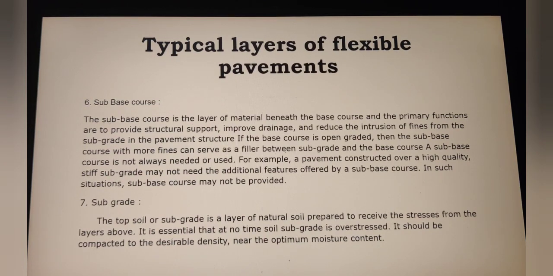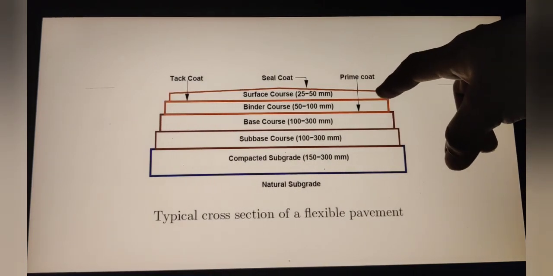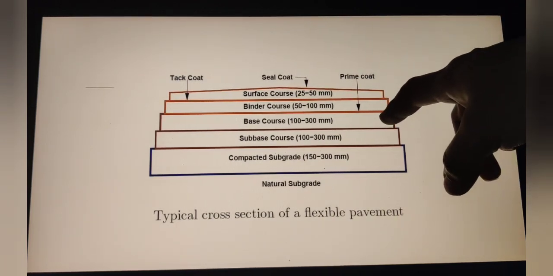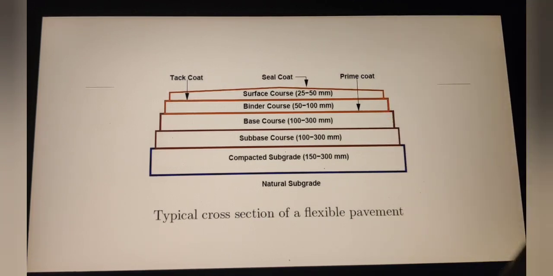Below the base course is the subbase course. You can see in the figure, the top layer is the surface course, second layer is binder course, and below the binder course you have a base course, and below the base course is the subbase course.